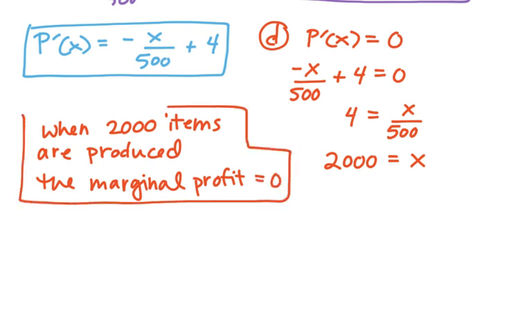And what that means is that there's no change in profit. If you're producing 2,000 items, the profit's not rising or falling, it would be remaining constant.